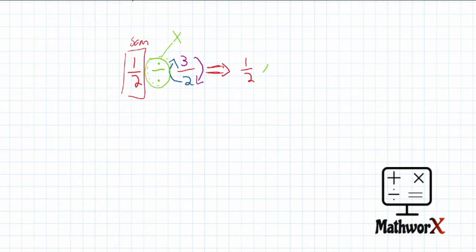So the divide becomes times, so we got 1/2 times the 3 now goes to the denominator, so over 3, and the 2 goes to the numerator, so it becomes 2. So now we've got 1/2 times 2/3, and that is exactly the same as saying 1/2 divided by 3 over 2.